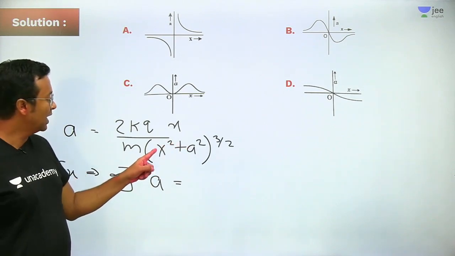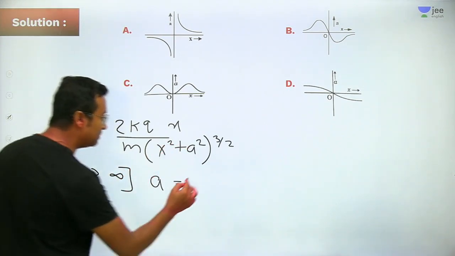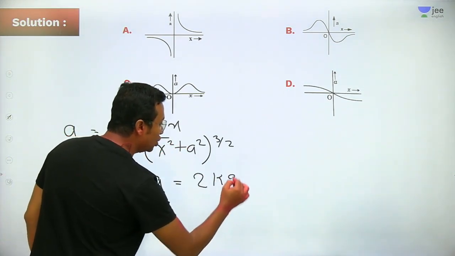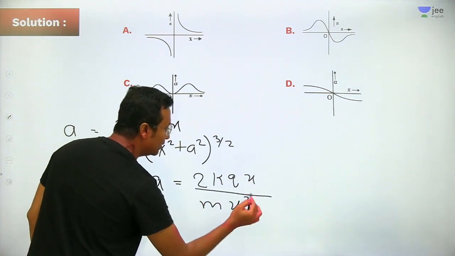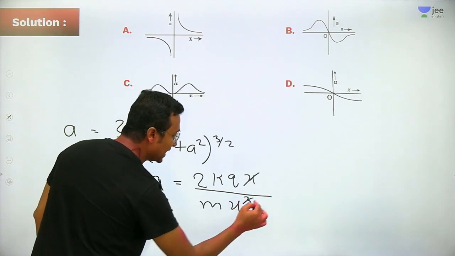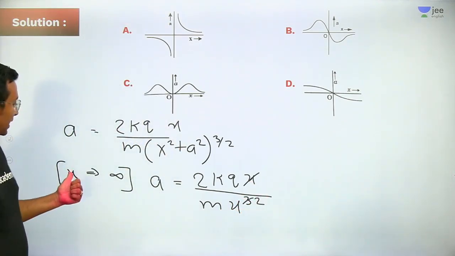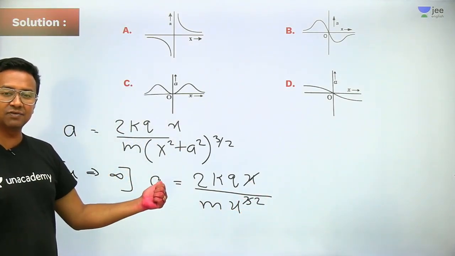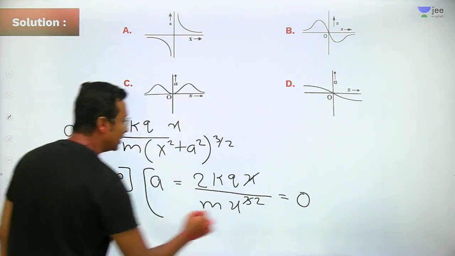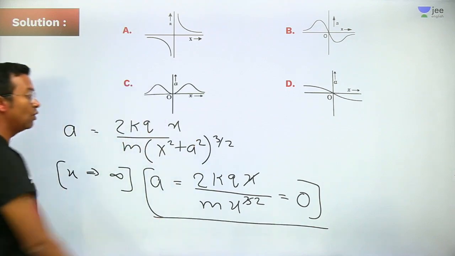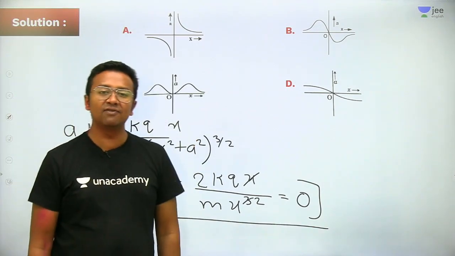So I can write the denominator simply as 2kqx divided by m into x cube. One x will cancel, this will become x square. Infinite. So acceleration will become equal to how much? It will be equal to 0. Acceleration will be equal to 0 as x tends to infinity.